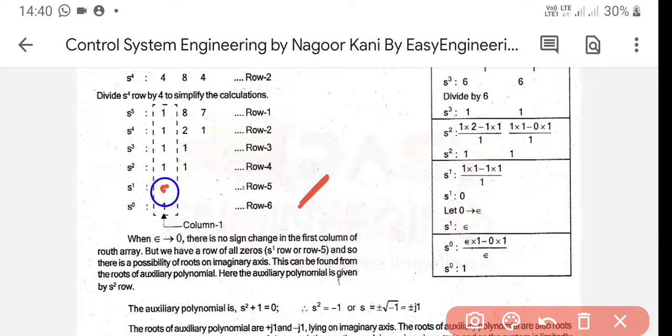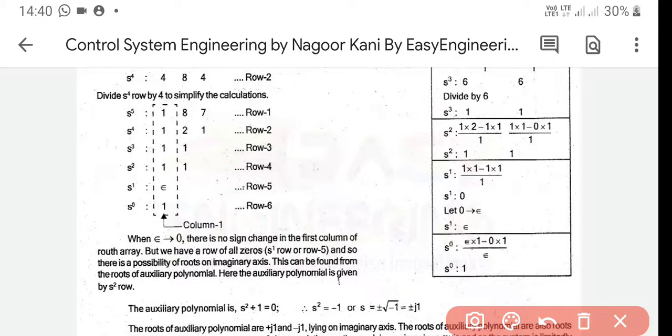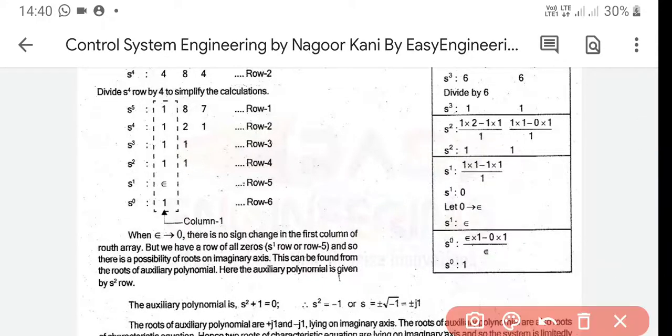So when you are replacing the 0 here, once again you are obtaining the case 2, that is nothing but row of all zeros. So there is a possibility of roots on the imaginary axis. Based upon the auxiliary polynomial, you have to find the roots.